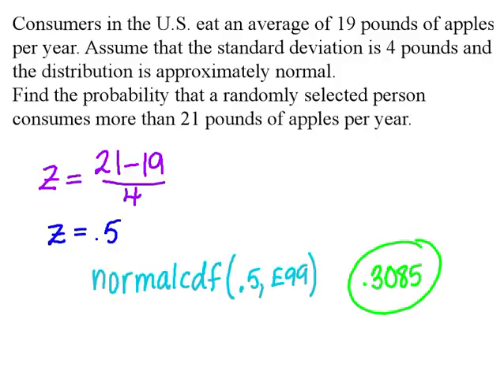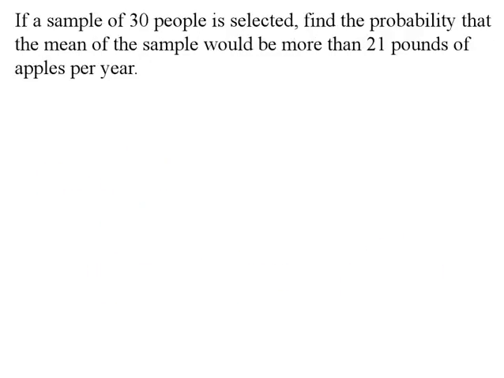Now let's see what the sampling is going to do. The sampling says if a sample of 30 people is selected, find the probability that the mean of the sample would be more than 21 pounds of apples per year. So z equals, in this case, 21 minus 19, all divided by something that I need to find first.